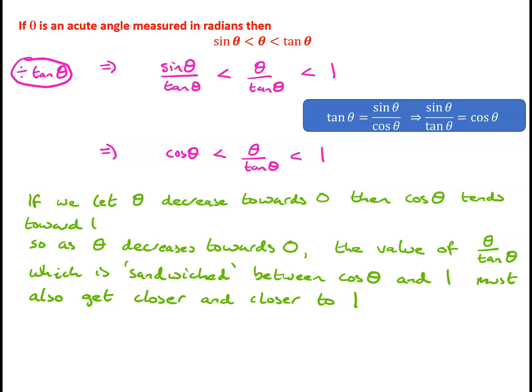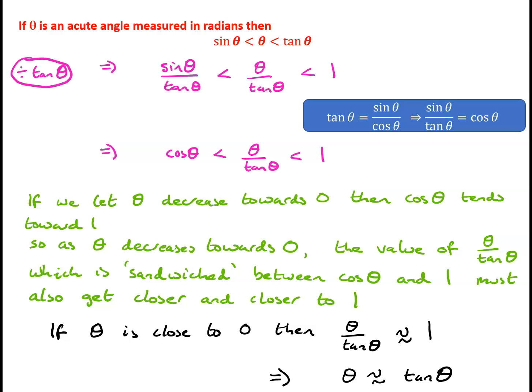In other words, if theta is close to 0, then theta over tan theta must be close to 1. In other words, for small angles, theta is approximately equal to tan theta.